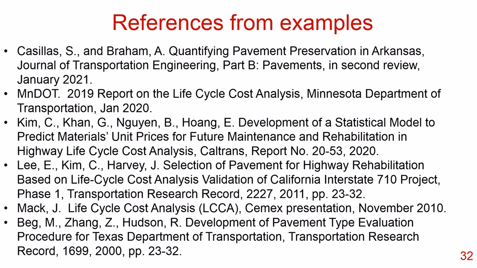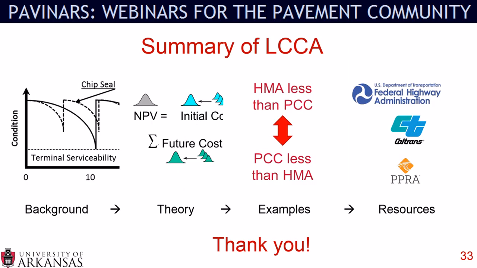And then my grad student and I, Sadie, Dr. Casillas, she and I have had a paper. It's in its 2nd review. Hopefully it will be accepted to the Journal of Transportation Engineering Part B: Pavements. But if you want to, take a screenshot of this and you can dig into all these resources. They're all phenomenal resources, lots of interesting information in them, and I highly recommend that you check them out.